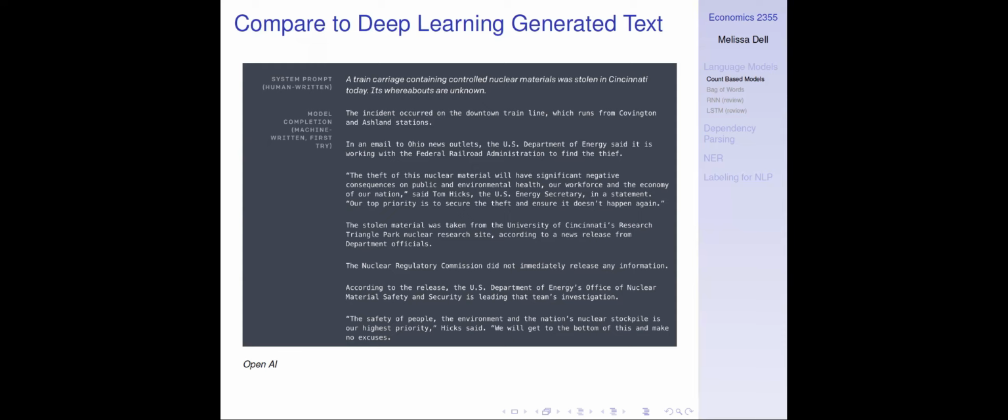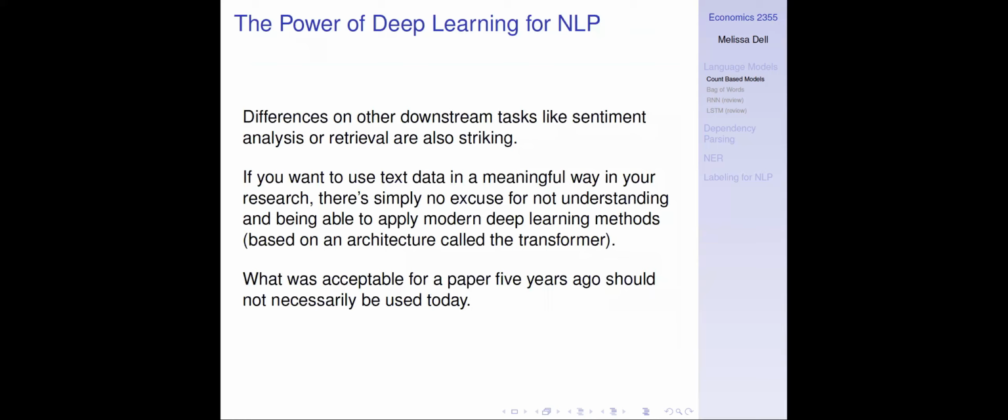And so, the differences in other downstream tasks, so maybe we don't care about generating text based on a prompt, but differences on other downstream tasks like sentiment analysis or retrieval that you probably do care about are going to be similarly striking.